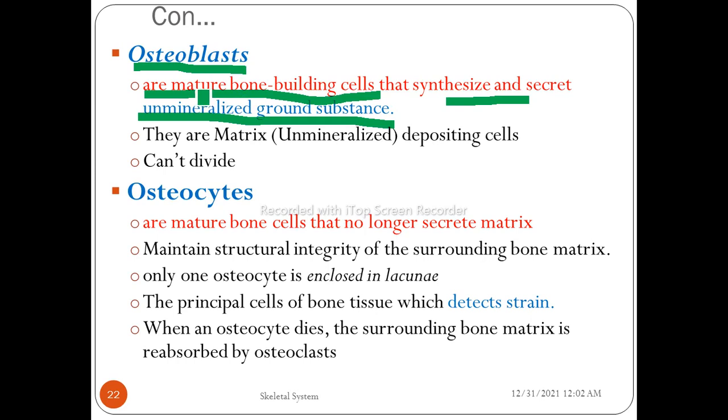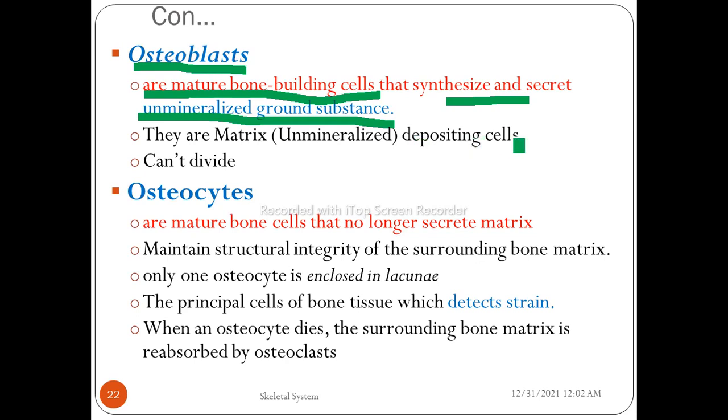They are mature bone building cells, building bone like osteocytes. They have the ability to synthesize and secrete unmineralized matrix, or unmineralized ground substance, so they are matrix depositing cells.